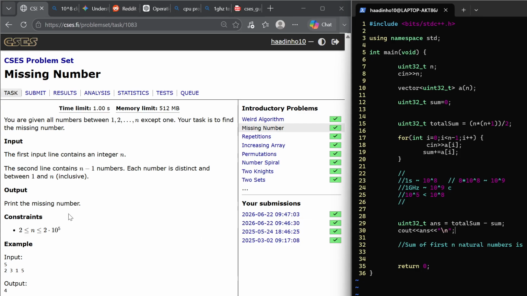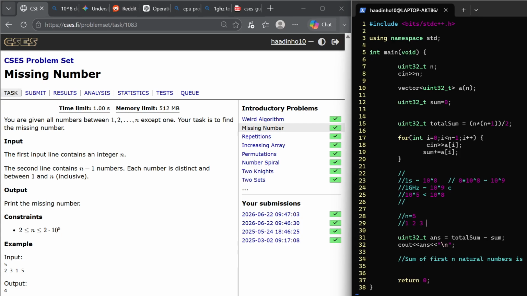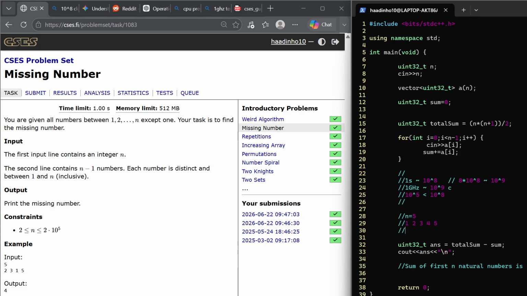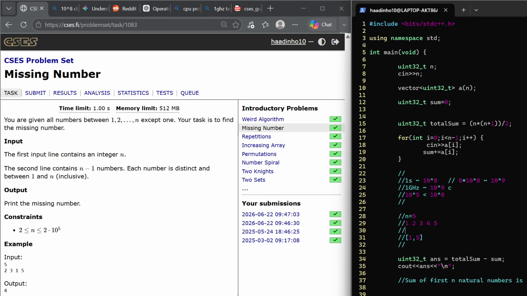The logic is simple. Let's say n is equal to 5. The first 5 natural numbers are 1, 2, 3, 4, 5. The second line contains n minus 1 numbers, where each number is distinct and is between 1 and n, n inclusive. So let's say in the second line I have numbers 1, 3, 4, and 5.